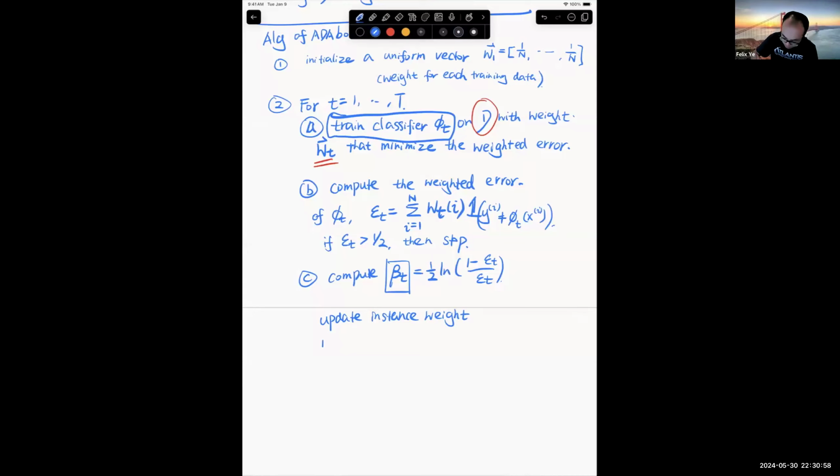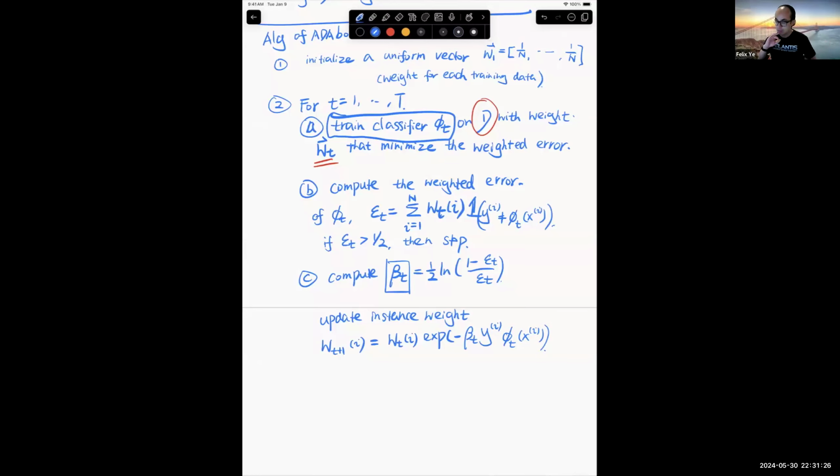This will be W t plus 1 of the ith equal to Wt of the ith times exponential of minus beta t yi phi t of xi.